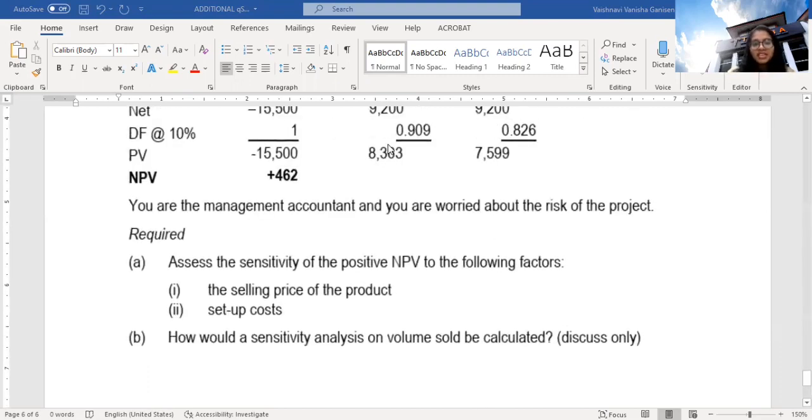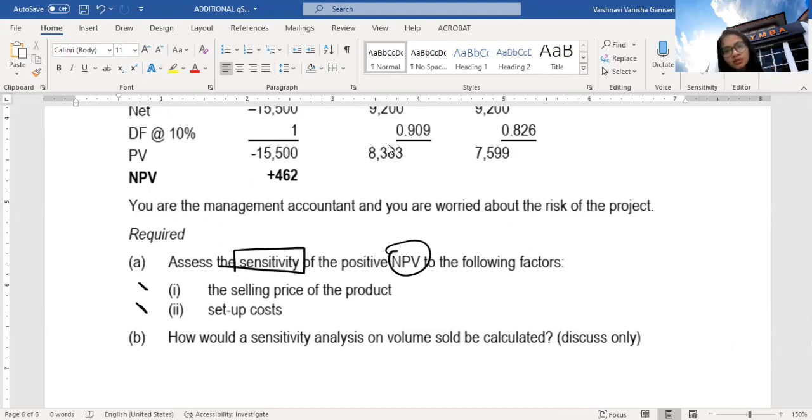You are the management accountant and you are worried about the risk project. Okay, so assess sensitivity of the positive NPV to the selling price and also to setup cost. So guys, whenever you look at sensitivity analysis, how do you do the question? What is your step?